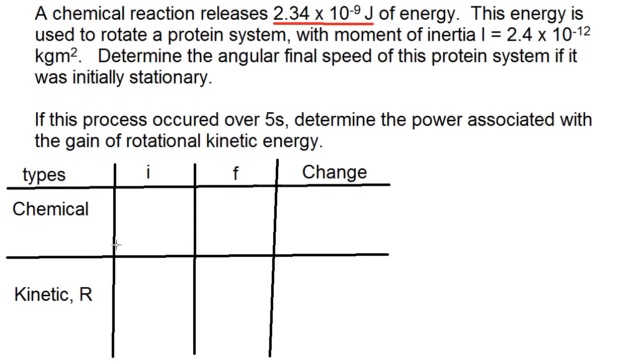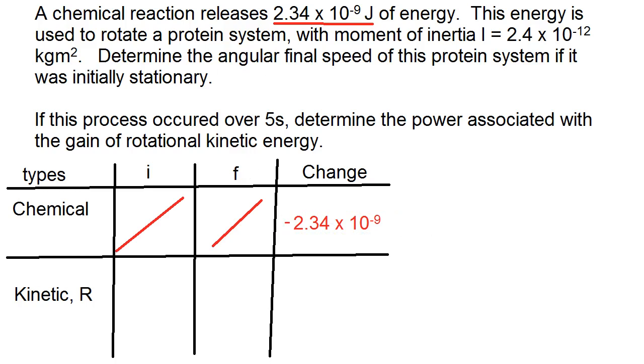Given that they're losing it, we don't know how much they started with or how much they ended up with. However, this thing that we've been provided with is the change. Right, so in joules, we've been provided with the exact amount. And because it's been released, we have less chemical energy than we started with, so it should be negative. And that's basically the very first thing we're being told.